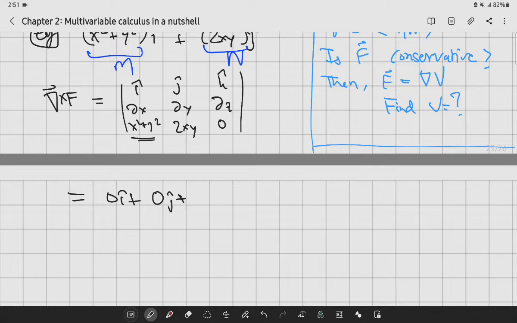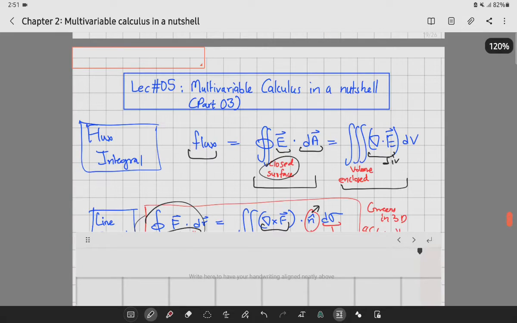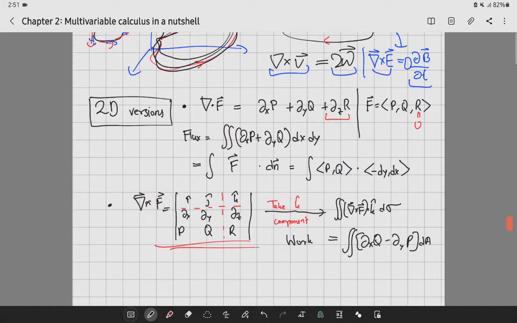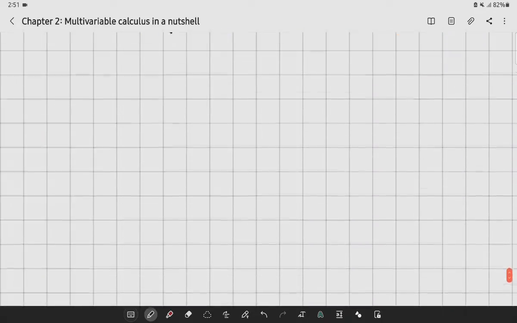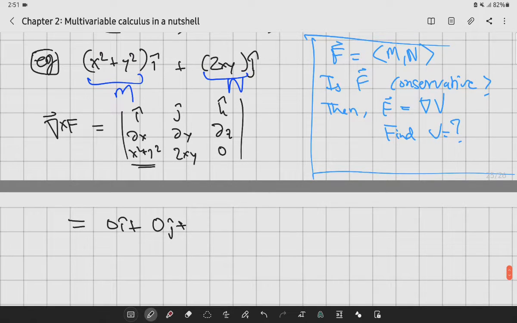And the k-th component I have partial x of 2xy. Partial x of 2xy is simply 2y, and partial y of x squared plus y squared is again 2y, but you have a minus sign because you're going opposite the diagonal, so you have minus 2y k hat. This is 0, so curl of F is 0, which implies it's conservative.